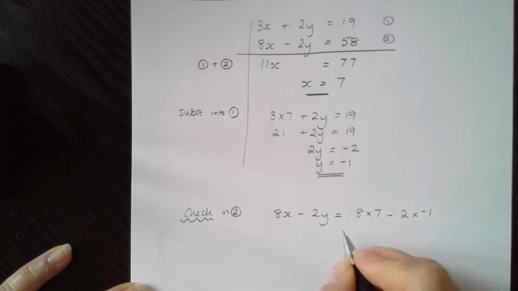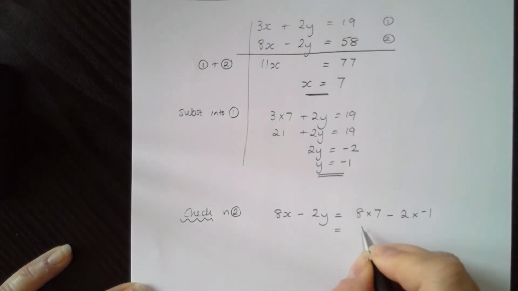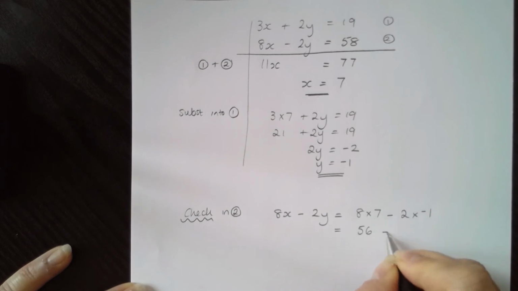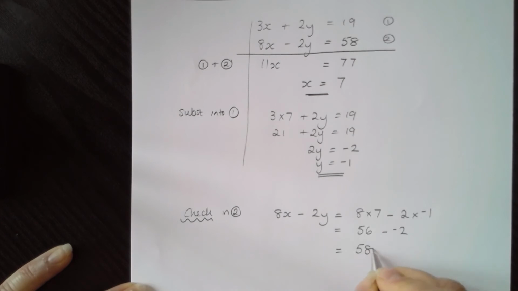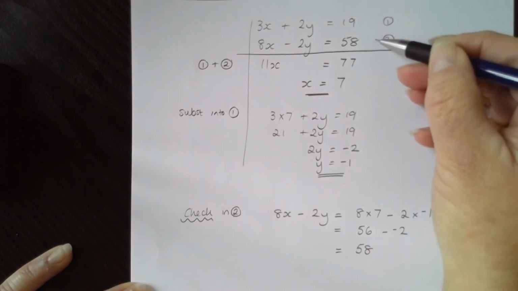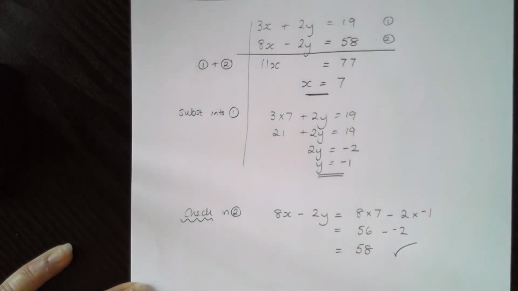And here we need to be very careful. 8 7s are 56. I'm taking away 2 lots of negative 1 is negative 2. 56 subtract negative 2 is the same as 56 add 2. That's 58, which is what we needed to get. So we must have got it right.